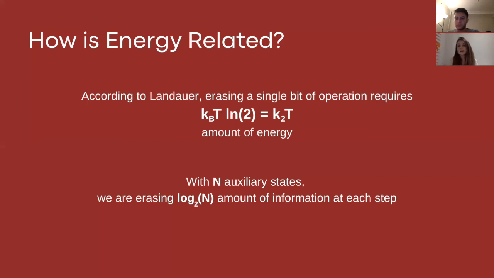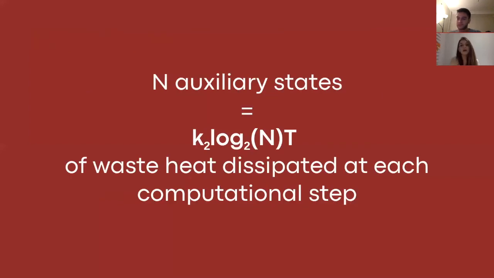That setting action makes us forget the state before by erasing that information, and that causes heat to dissipate to the environment. So n auxiliary states correspond to this amount of waste heat dissipated at each computational step.